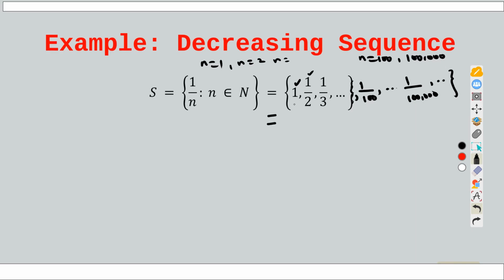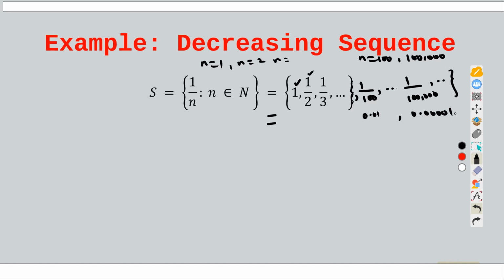When you look at these terms, you realize they are decreasing. So 1 is the biggest. This is 0.5, so it keeps on decreasing. This becomes 0.01. Then 1 divided by 100,000 becomes 0.00001.